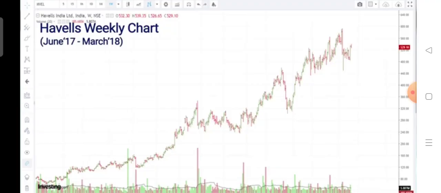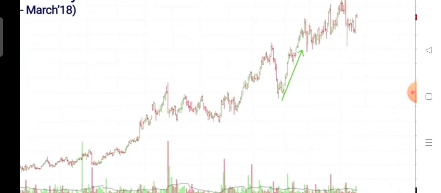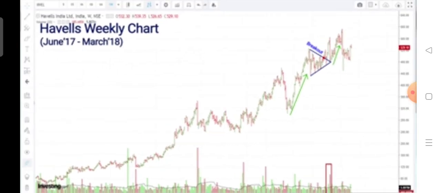Now let us look at a few examples here and we can understand from that. Here you are looking at the Havells chart, and in Havells, first there was a very good up move, and then there was a triangular consolidation, and once the symmetrical triangle was broken on the upside, you could see the price moving quite a bit higher. This is a weekly chart.